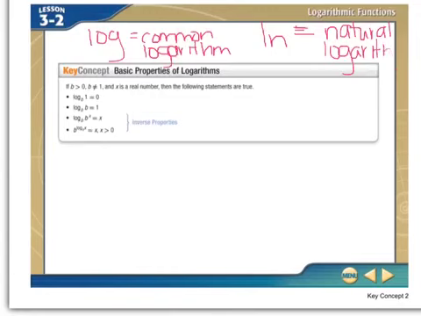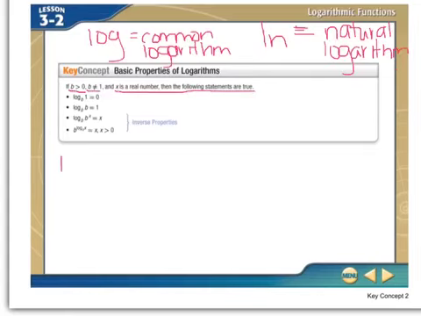Now, these properties discussed on this slide are true of both common logs and natural logs. If b is greater than 0, so your base has to be greater than 0, and b cannot equal 1, and x is a real number, then the following statements are true. Okay, if you have log base b of 1, then your result is 0.